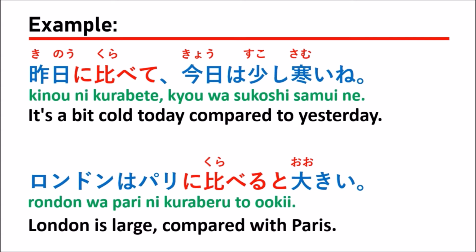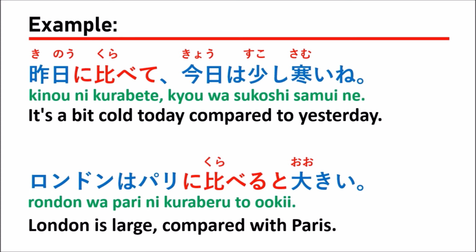If they use kuraberu to, it means "if" when you translate directly. Paris ni kuraberu to means if you compare to Paris, London is large. When you translate nani nani to into English, you should begin with "if": if we compare to Paris, London is large, right?